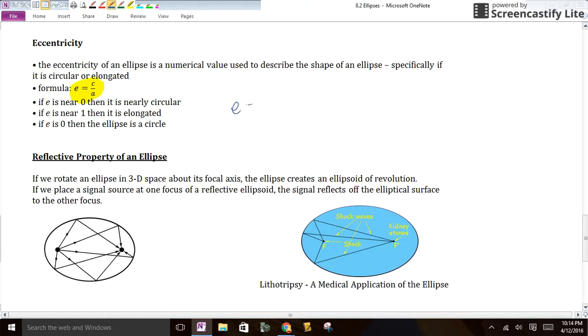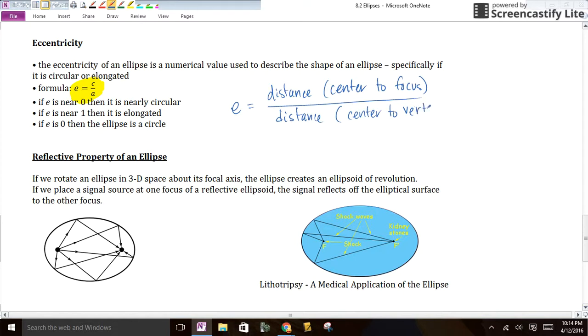Well, the eccentricity is a number, it's a ratio, and c is the distance from the center to a focus, over a, the distance from the center to the vertex. So not the co-vertex, but the vertex. So it's a little ratio of their distances. And if that thing is near 0, then you're pretty much almost a circle, whereas if you're near 1, you're this really long, stretched out looking thing.